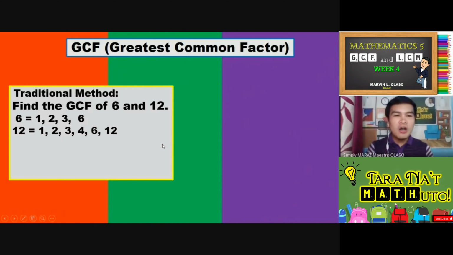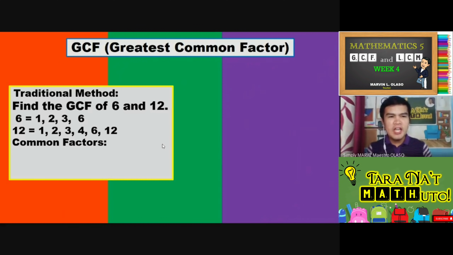Okay, now, out of the factors of 6 and 12, what are those common factors? Alin doon ang meron pareho sila? Okay, so we have 1. They have the same 1 as factor. Also, 2. Ano pa ba ang common nila? 3 and 6.